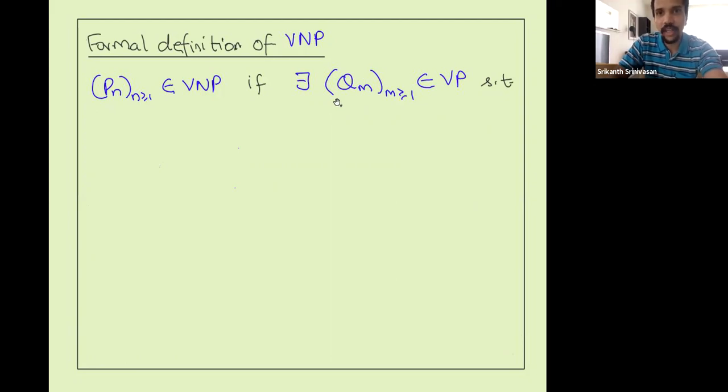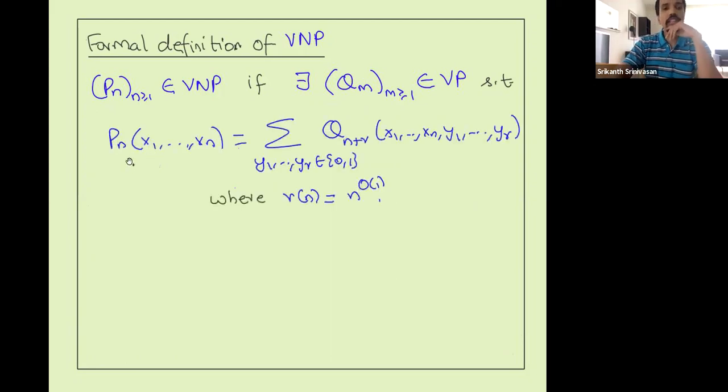And what is that way? Every polynomial Pn can be written in terms of the Qm sequence, but now I don't just take the polynomials in Qm, I sum over some of the variables. Suppose I want to represent the polynomial Pn.